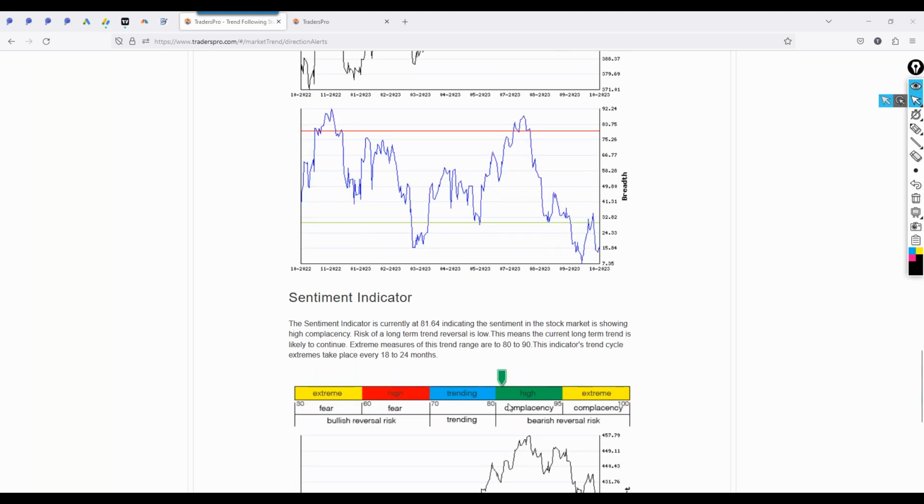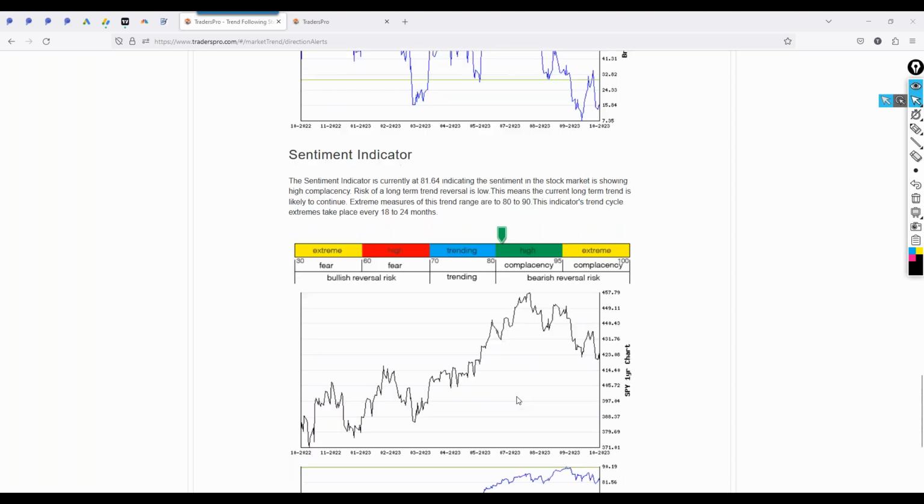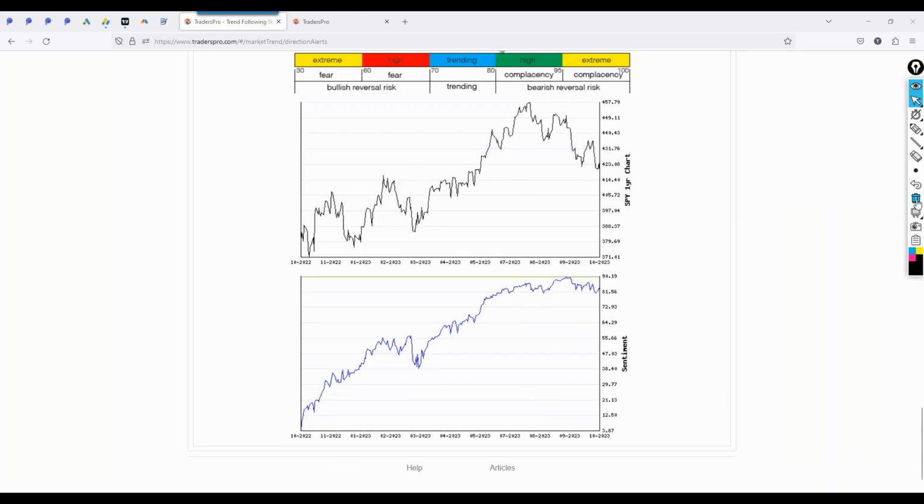We've got sentiment, which is still in this upper range. Major market bottoms typically happen when sentiment is low. Market tops happen when sentiment is high. So we could be at an area where this becomes a double-edged sword.